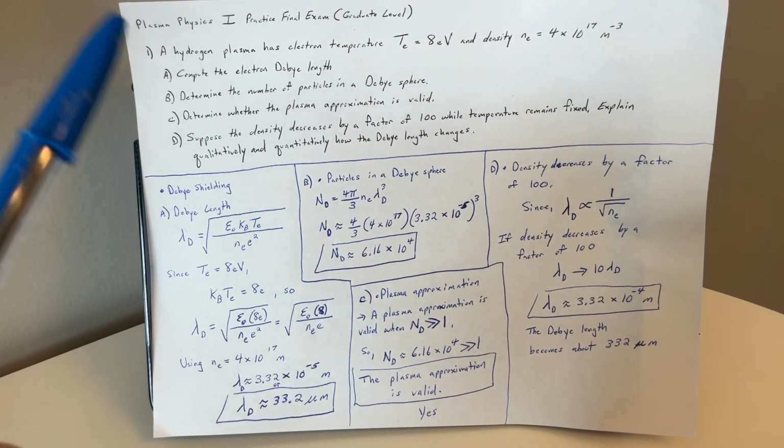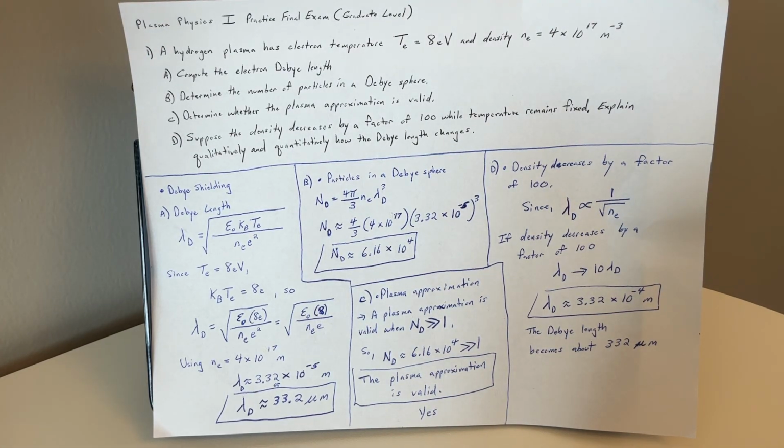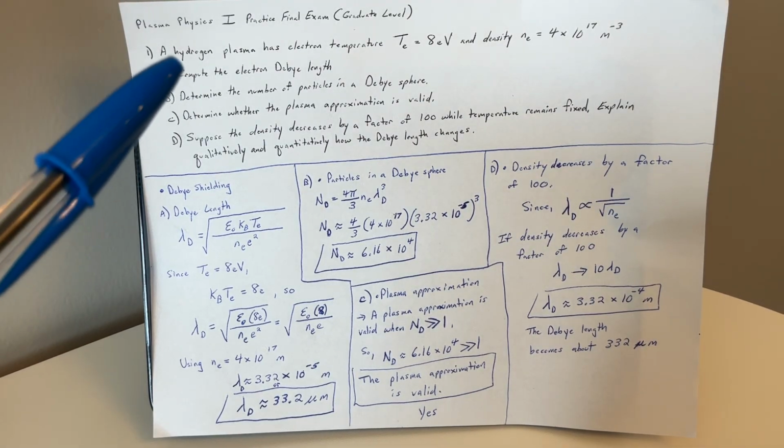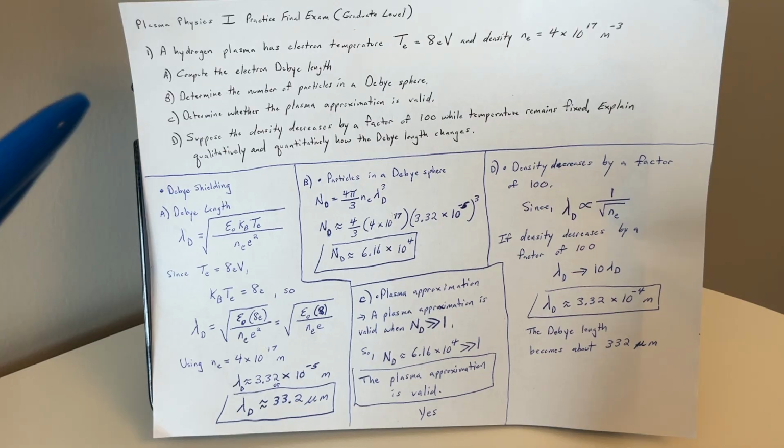So let's start. Number one, a hydrogen plasma, electron temperature T sub e equals 8 eV and density n sub e is 4 times 10 to the 17th per cubic meter. Part A, compute the electron Debye length.